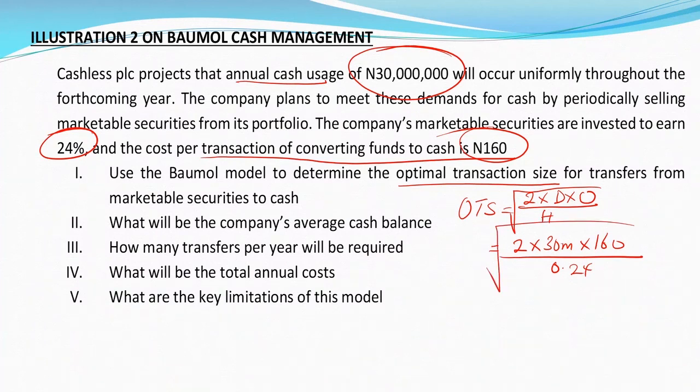So that will be 2 times 30 million times 160 divided by 0.24.